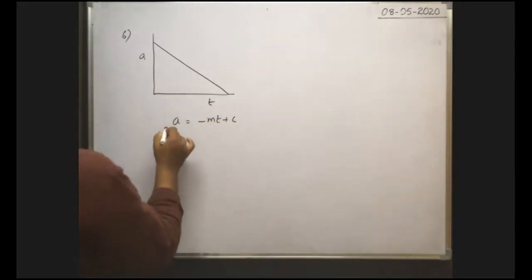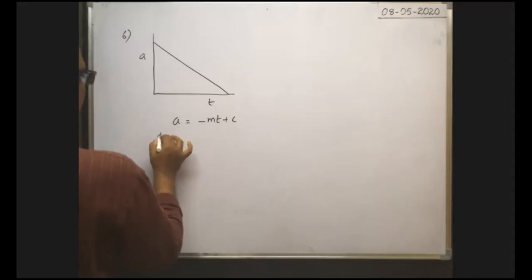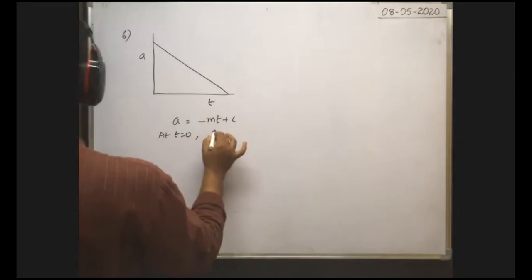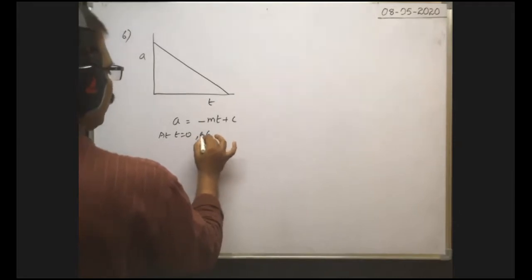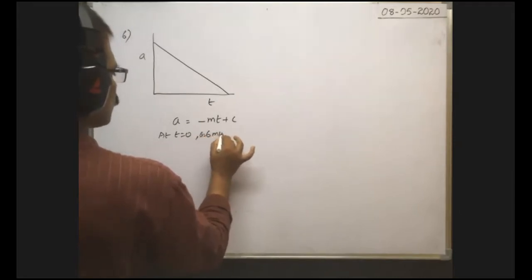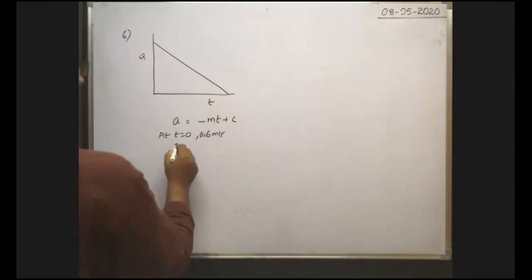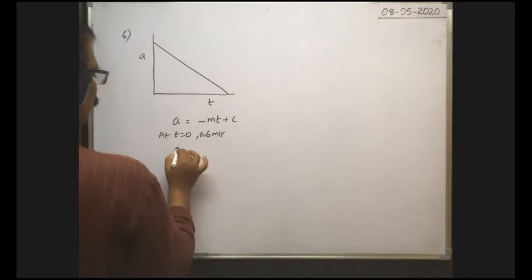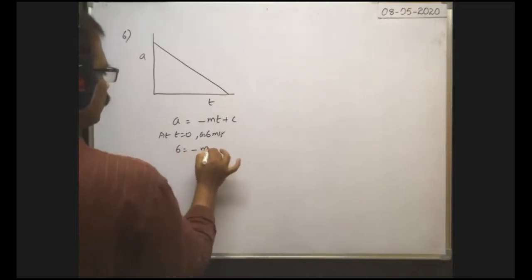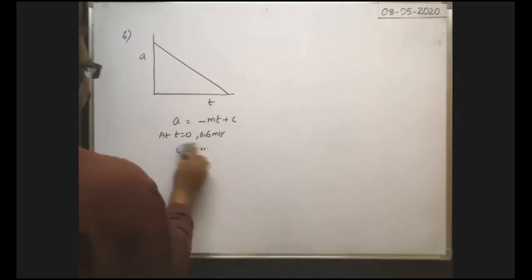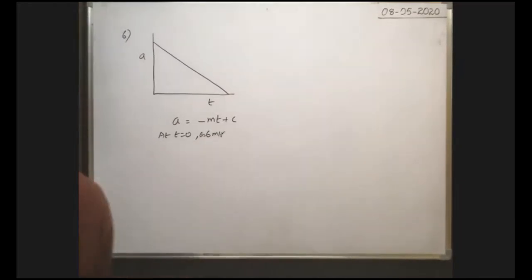Here initially, that means at t is equal to 0, the acceleration of the car is 6 meter per second square. So a is equal to 6 meter per second square. That's why a is equal to 6 you write. So therefore 6 is equal to minus m. What is the slope of the straight line? Acceleration varies linearly with the time, that is given.